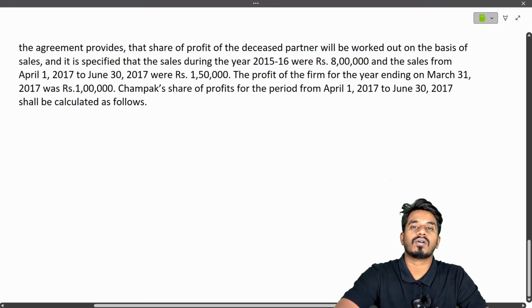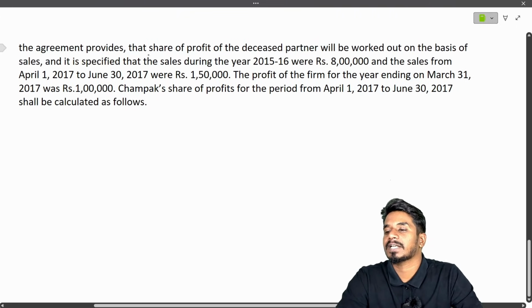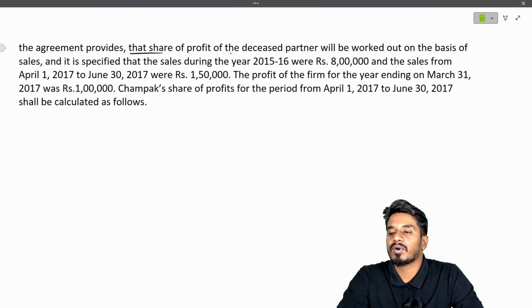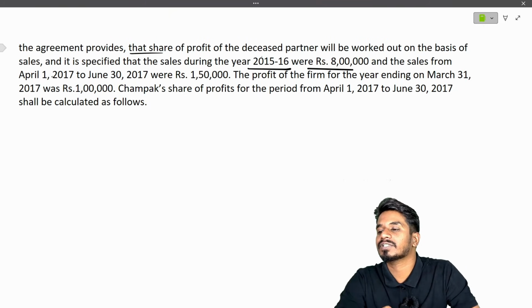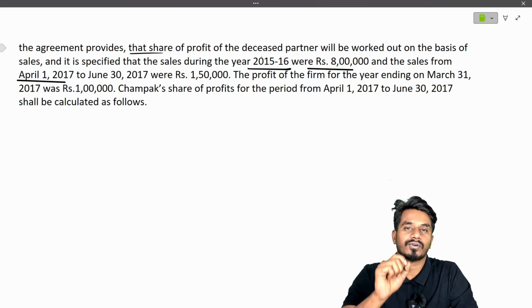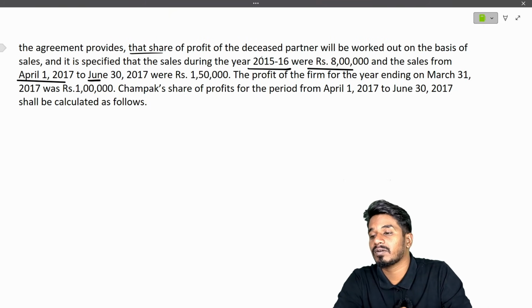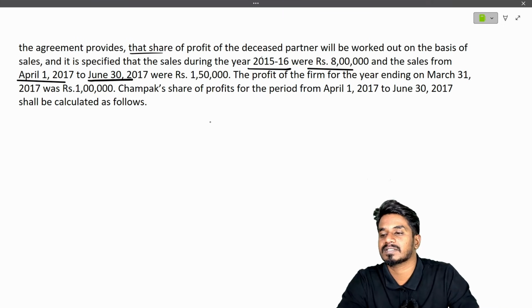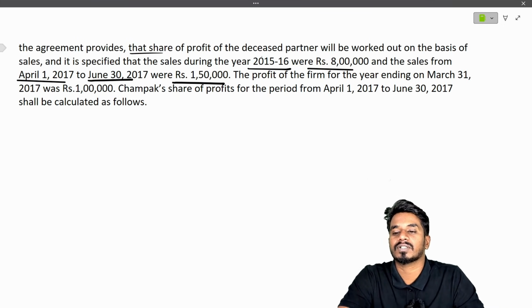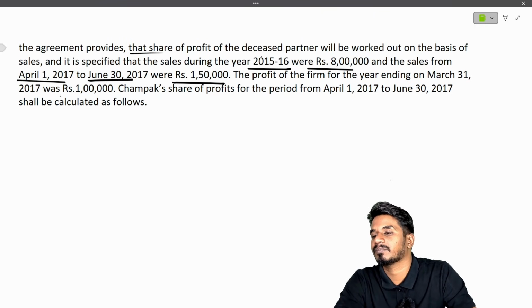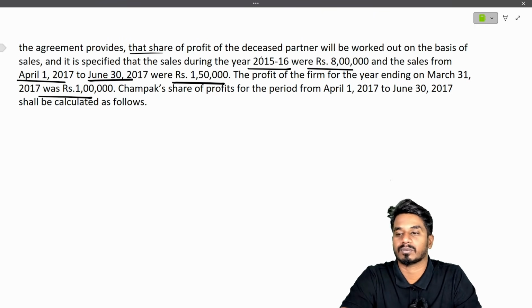Next, on the basis of sales, let us see how the share of profit of the deceased partner will be worked out. The sales for the previous year 2015-16 were 8 lakh rupees, and the sales from 1st April to 30th June, the date of his death, 3 months, were 1,50,000 rupees. The previous year's profit was 1 lakh rupees.